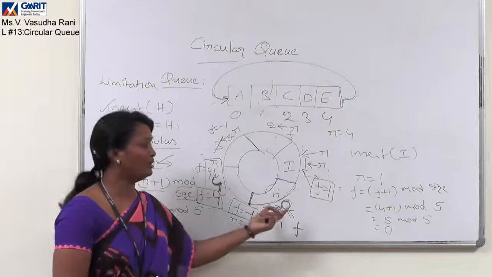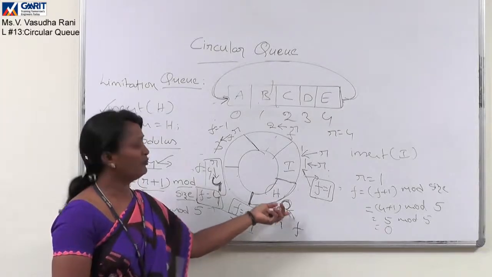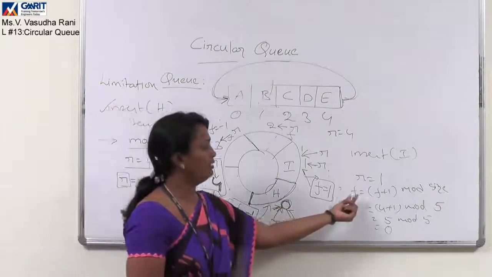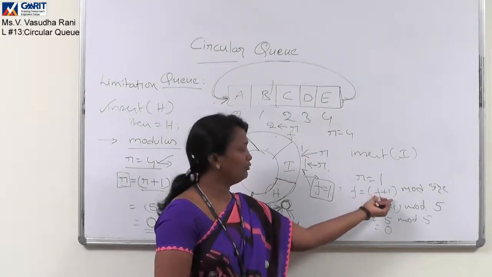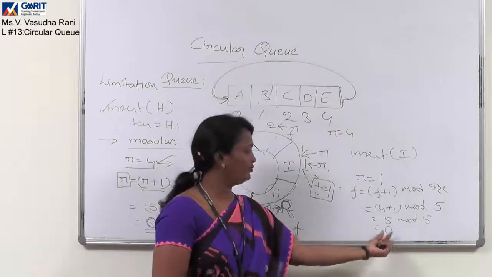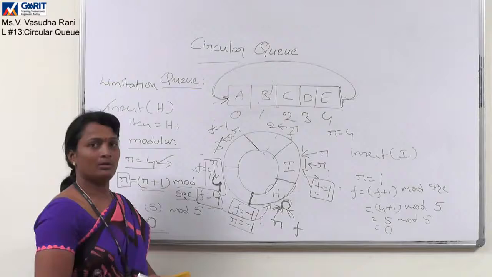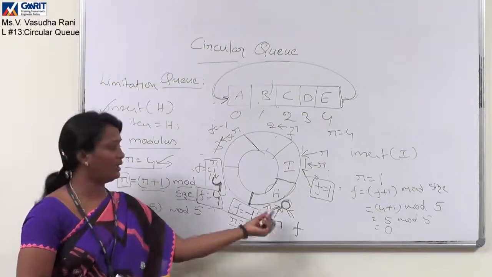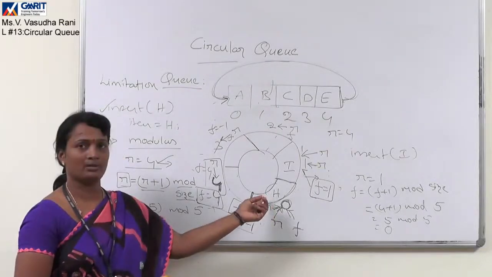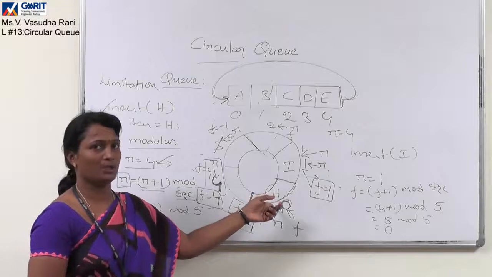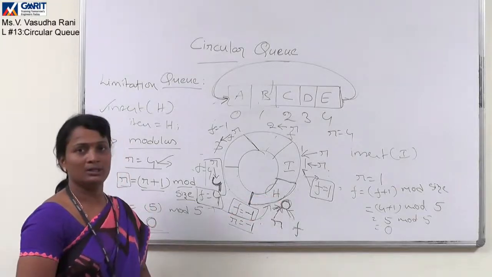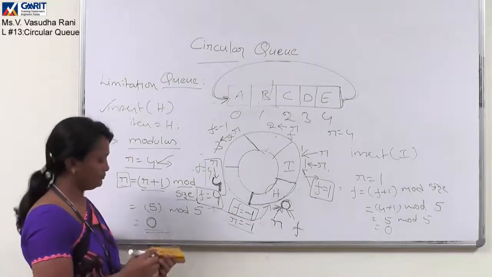So before you perform the next delete, first you have to calculate the new front value, and then with this new front value, which is the index for the next element location, we have to perform the delete operation.